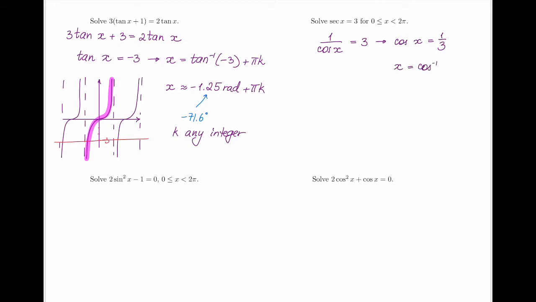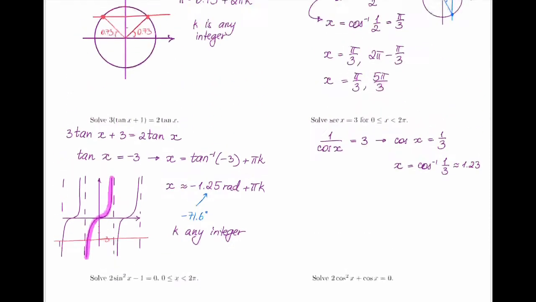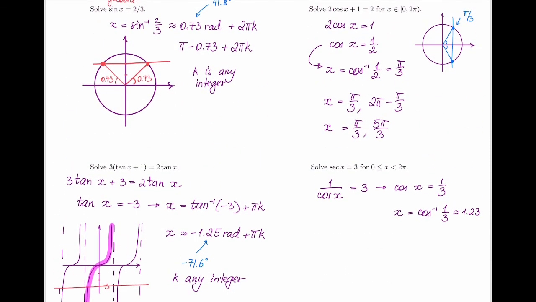But the inverse function will give me cosine inverse of 1/3, which is approximately 1.23 radians. So I don't have a nice angle like the pi by 3 that I had above, but nothing about the procedure has changed. So thinking in the same way as we did above, for the cosine of x being the x coordinate of the points, it means that whatever angle I get, which in this case is 1.23 radians, I'm going to get the other angle opposite of it as the second solution as well.